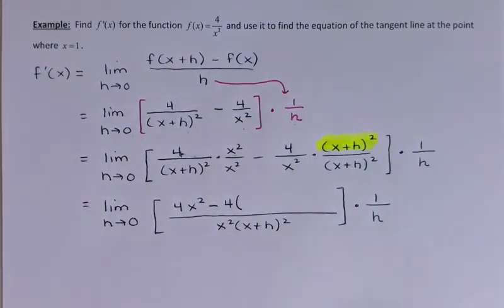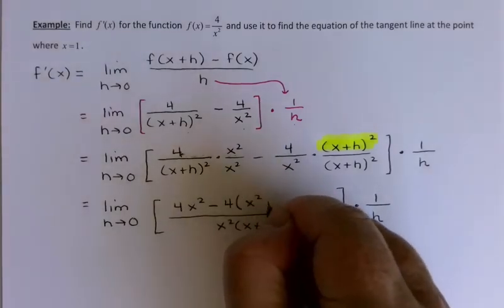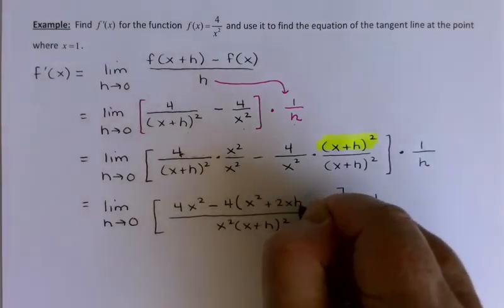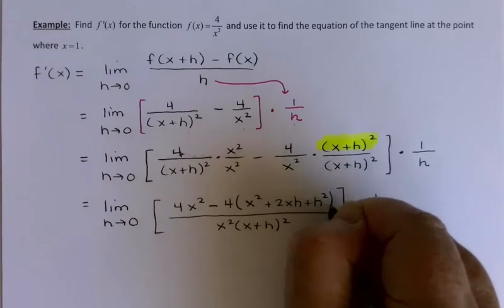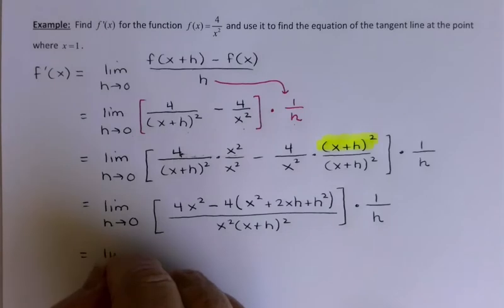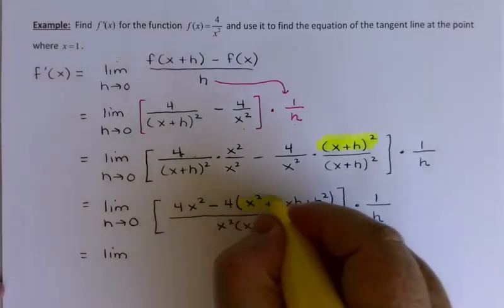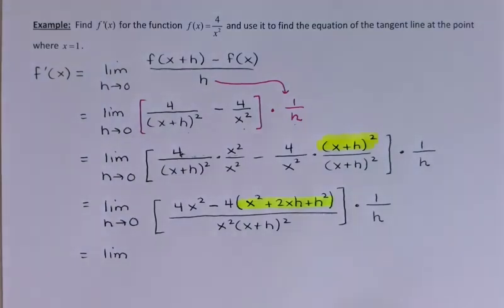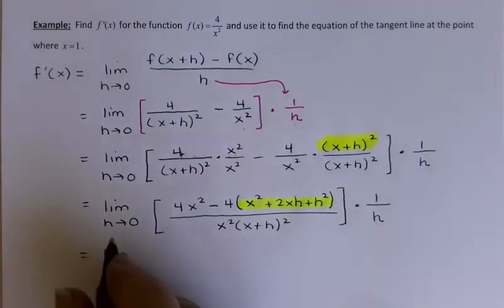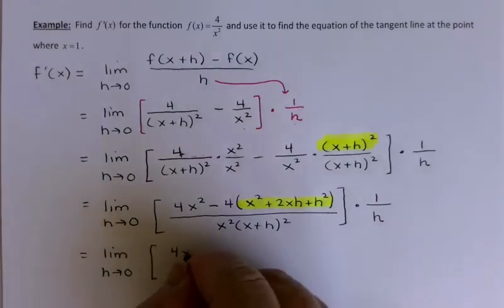So right here, I'm going to go ahead and replace that x plus h squared with the expanded version, x squared plus 2xh plus h squared. That just became this. Right. All right, now the algebra gets pretty routine. I'm going to distribute the negative 4.